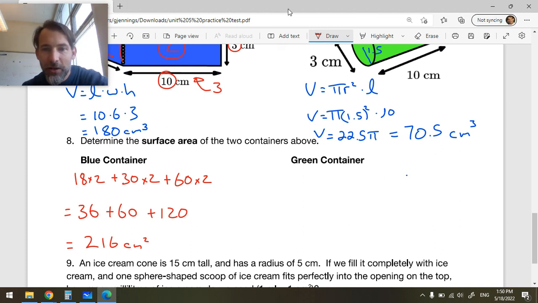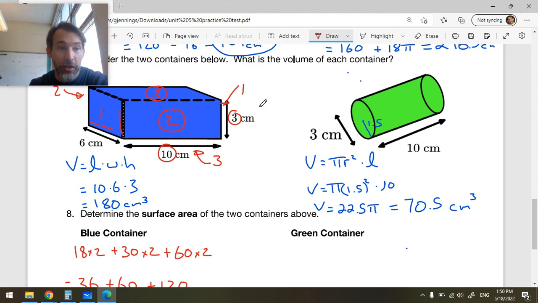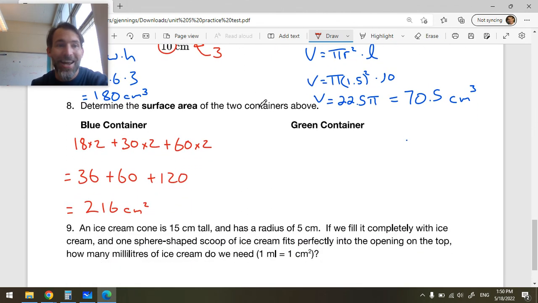Okay. And now, let's do the area of the green container, again using a thinking method rather than the formula that's on your sheet. First step would be to draw a net. Okay. So here is the net that I will draw. It's going to have a circle there with a diameter 3. And then there's going to be a rectangle if I unroll that cylinder.